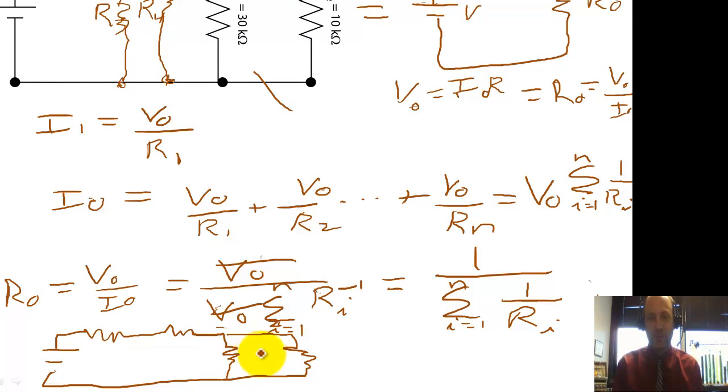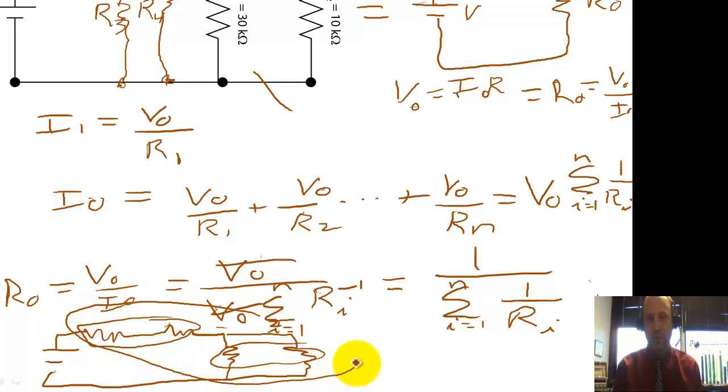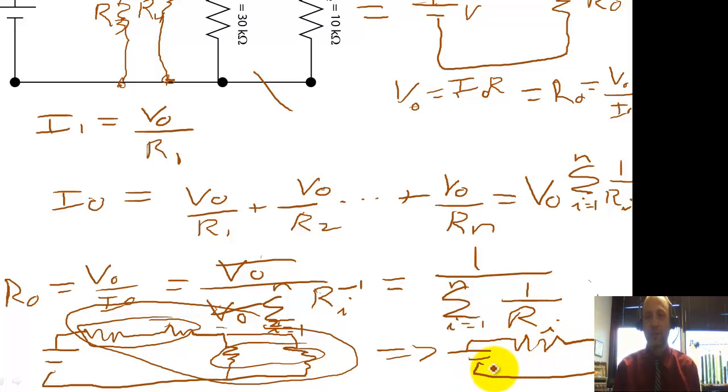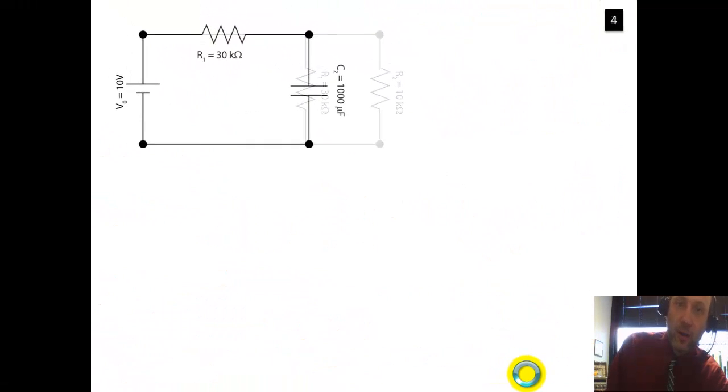So you could collapse these two together, collapse these together, and then eventually collapse them all together into one equivalent circuit. But you're probably not going to need to do a lot of that in this class. We will encounter it later, I bet, if you haven't already taken it. Okay, next problem.